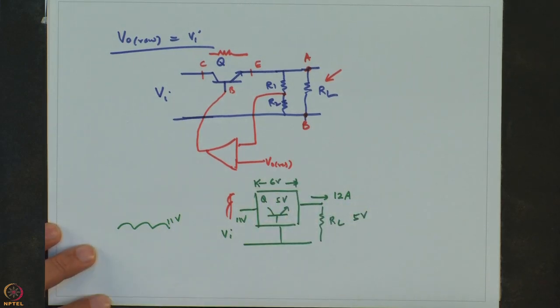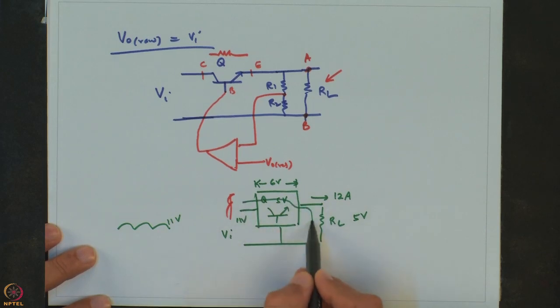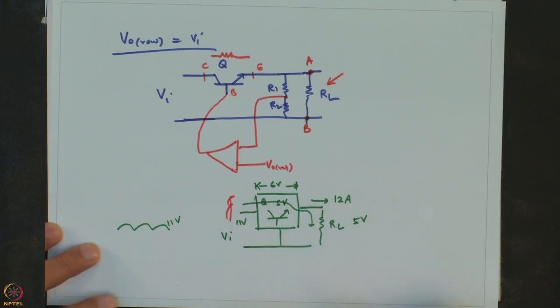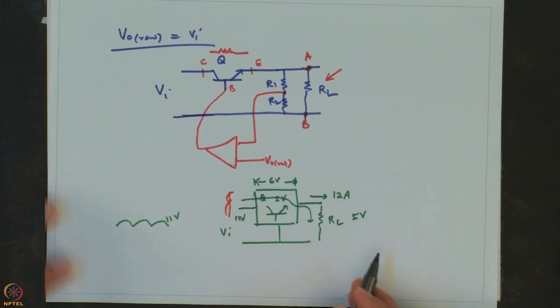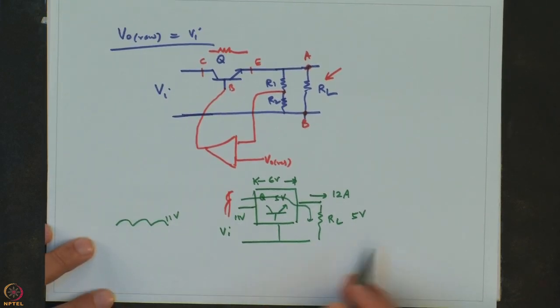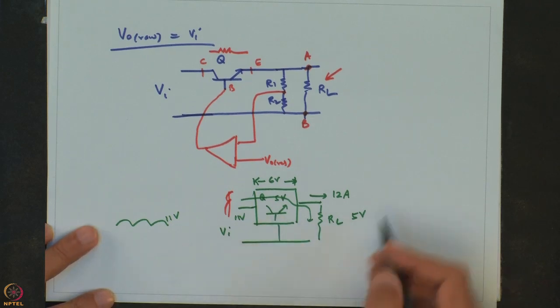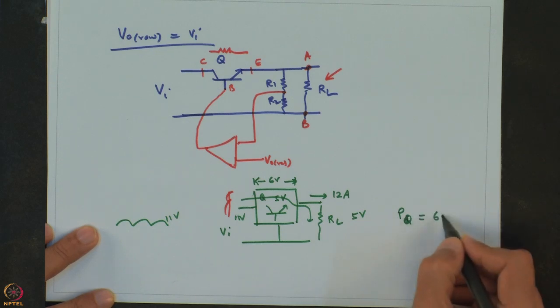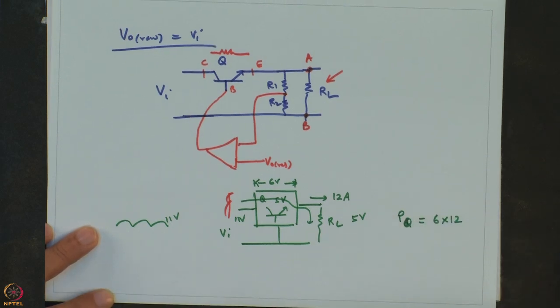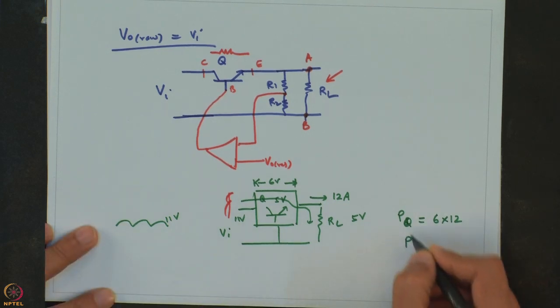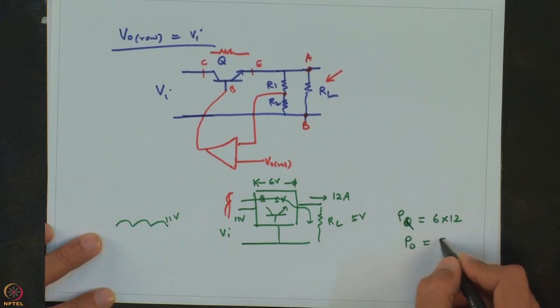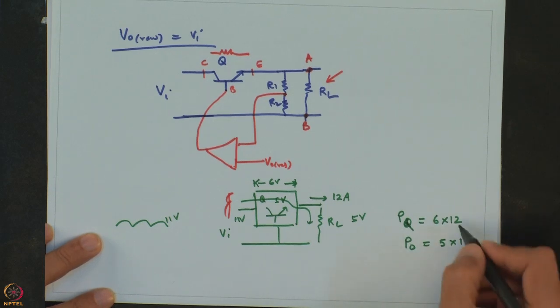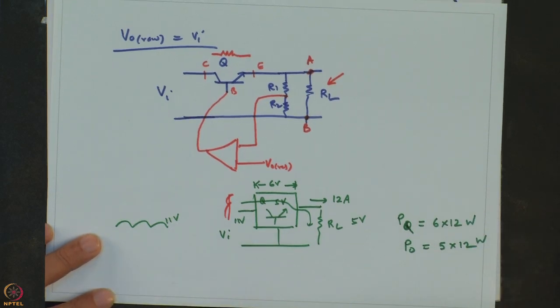Now, if 12 amperes is going to flow through this transistor into the load, then the power loss across the device Q, let us say P device or PQ, is nothing but 6 into 12. And what is the power output? This is PQ and this is PO, which is nothing but 5 volts into 12, so many watts. Sorry, I should write a watt here also.